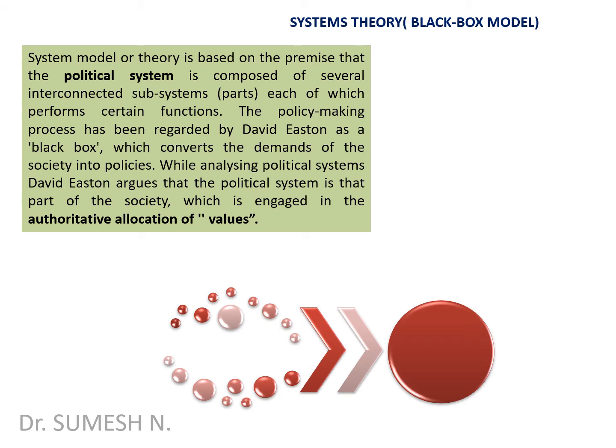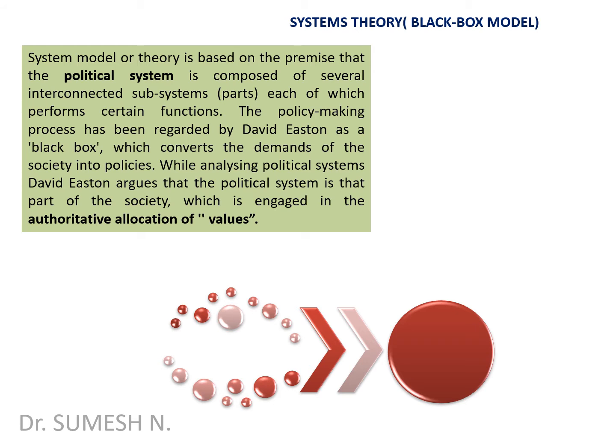The products, the policies, or the decisions coming out of the government or the authority or the political system are authoritative values, consisting of some kind of values coming from authority. So the authority allocates some kind of values to the society.